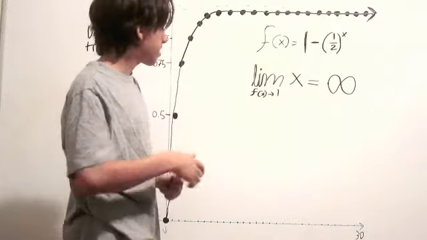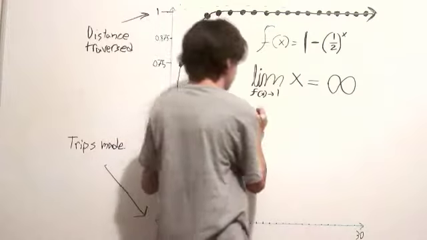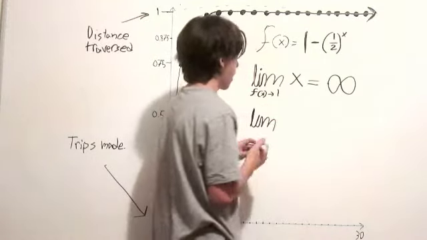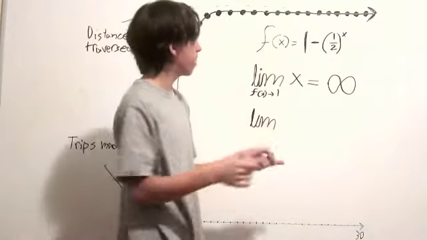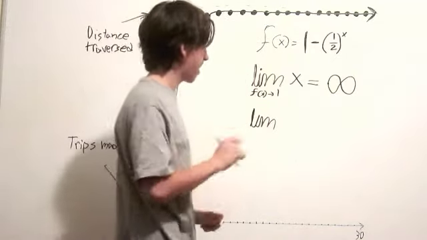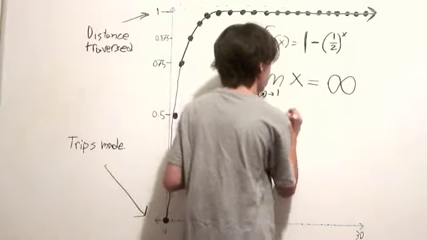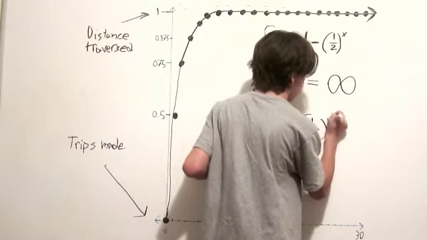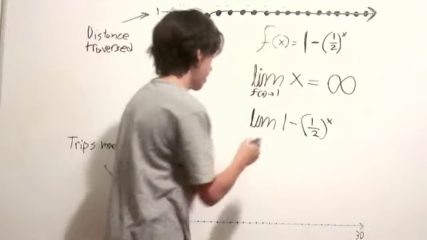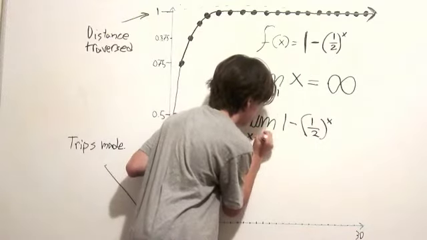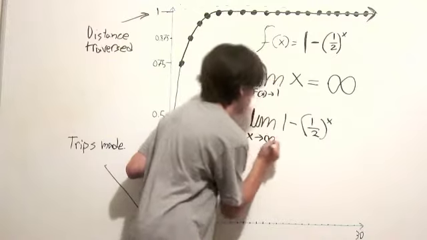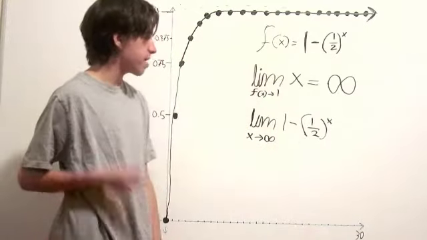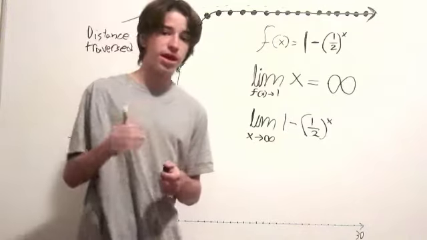So let's think of this the other way around. The limit, just kind of to prove it, of our f of x this time, we can write the whole thing out now, 1 minus 1/2 to the x, now we're just solving to be sure, as x approaches the infinity we promised, right? Well, let's see, 1 minus 1/2 to the infinitieth. 1/2 times 1/2 times 1/2.